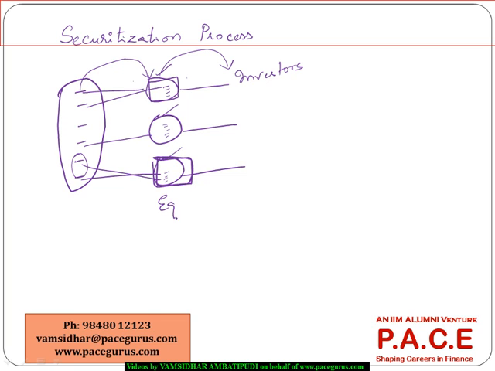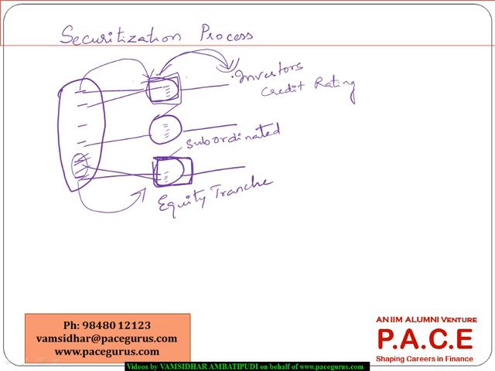This is called the equity tranche or subordinated tranche, and a seniority structure is created. Whatever default comes up is absorbed primarily by one of the tranches, whereas the senior tranche, which has a highly positive credit rating, will not stop paying its investors.